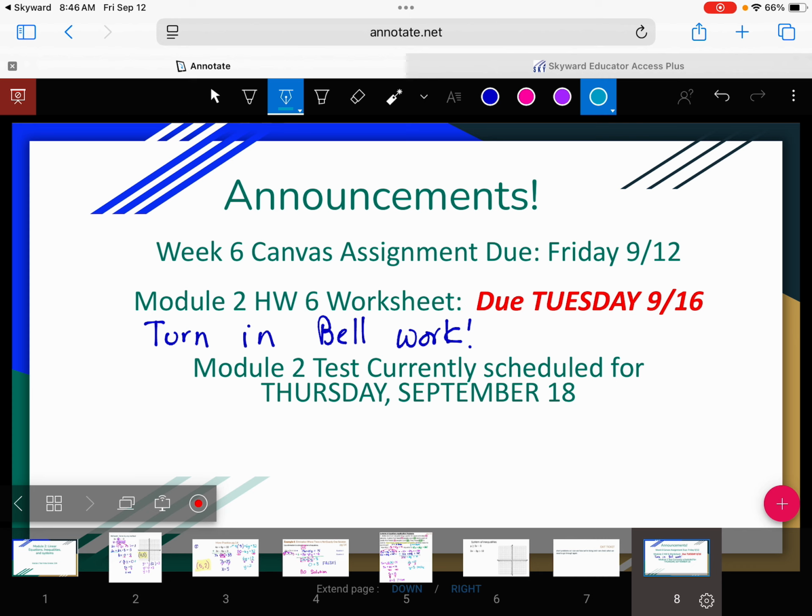Make sure you get those all in. Make sure you're getting those Canvas assignments done as well. They close after a week, so don't expect to go in there at the end of the semester and catch all of them up. They close after a week. So make sure you're doing it.